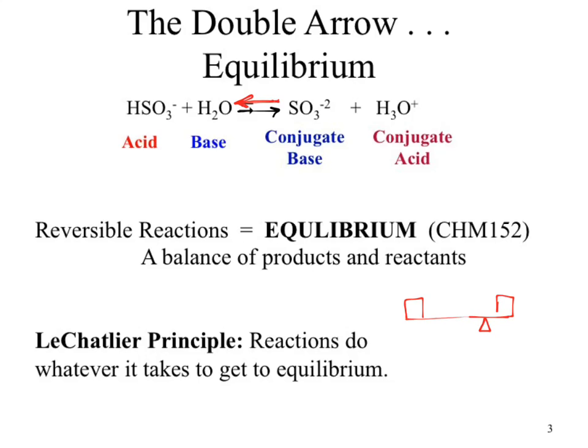To make sure this balances out, what do I have to do? I need a lot more weight on the right to counteract that, right? Kind of the physics aspect of it. That's equilibrium. Where that exact little triangle is located is dependent on our equilibrium information.